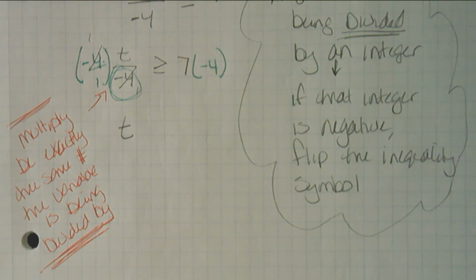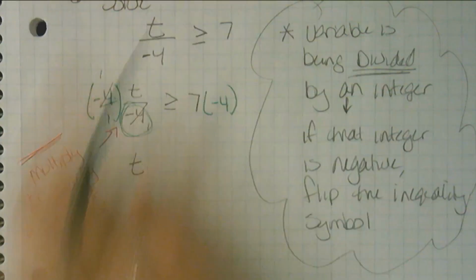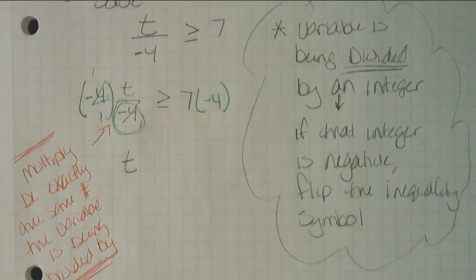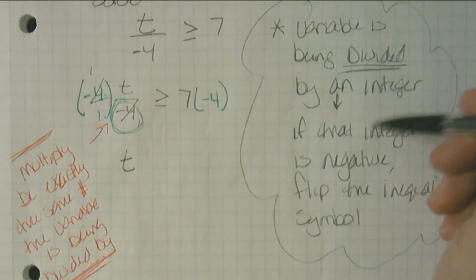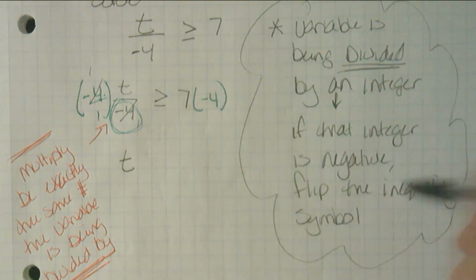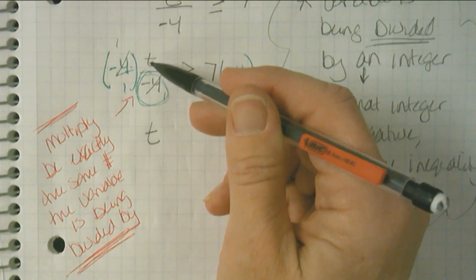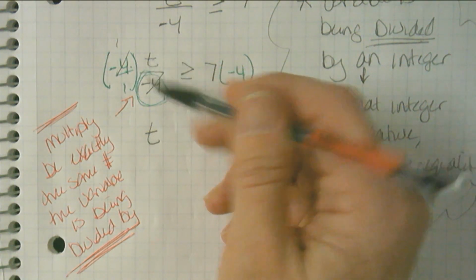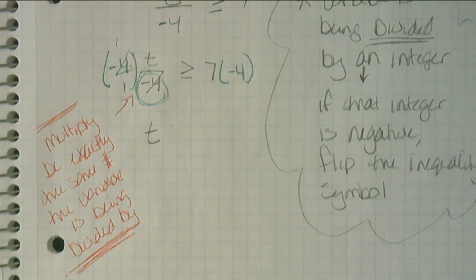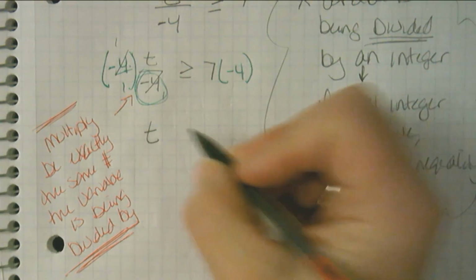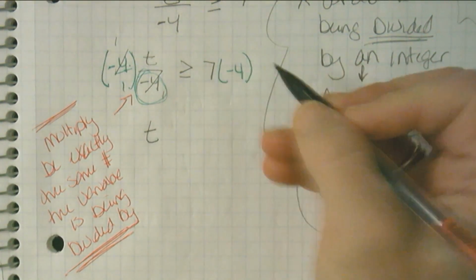So before you do your homework tonight, just go back to this problem and reread this page. And be like, oh, okay, I have to remember that if I'm dividing by a negative number, I've got to flip the symbol. And the number that the variable is being divided by, I need to multiply by exactly that same thing. Reread this page, please. All right, so I have t on my left. What is 7 times negative 4?